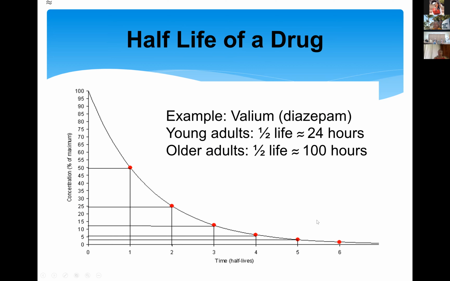We're now talking about 20 days before that drug is mostly out of your system, which is why I never use this medication in older people, because once you give it, you cannot take it away. You just have to wait for time for the body to get rid of it. And it takes too long. So any of these medications that last for a very long time, we try and avoid these long-acting medications in older people.